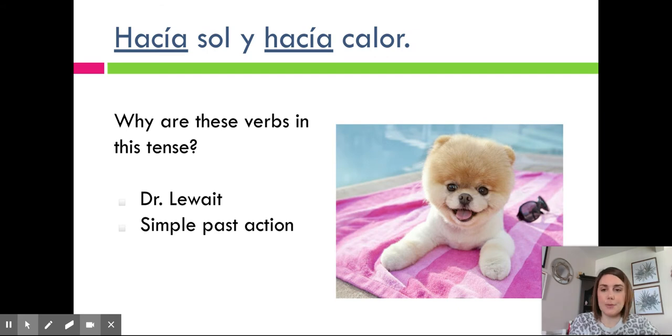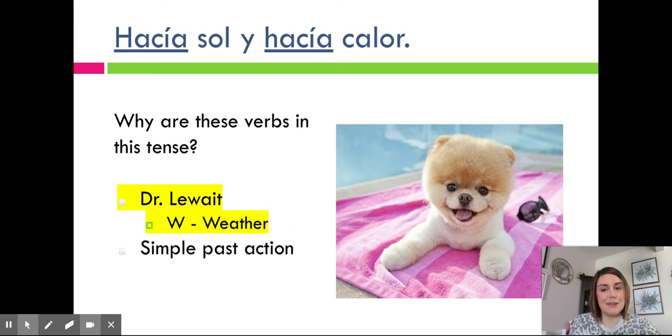Okay, why is the imperfect used here? Hacía sol y hacía calor. Is it Dr. LeWaitt or a simple past action? Muy bien. If you chose Dr. LeWaitt, it's because of the W, weather. When describing the weather in the past, we're going to use the imperfect.